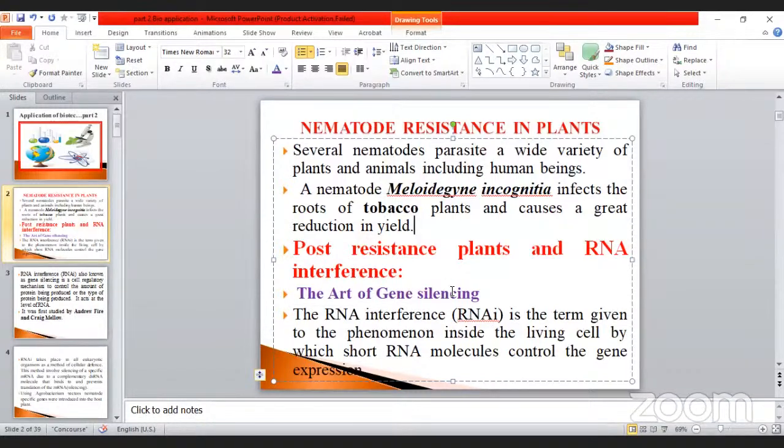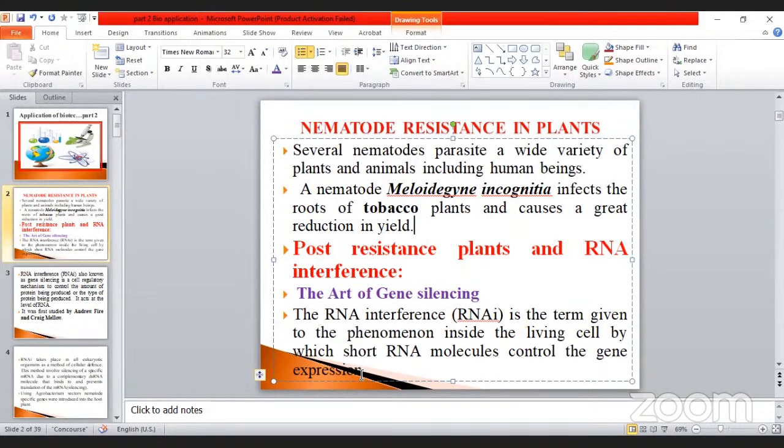See here, RNA interference, simply called RNAi. RNA interference is the term given to the phenomenon inside the living cell by which short RNA molecules control gene expression. That is very, very important. What is the main role of that?